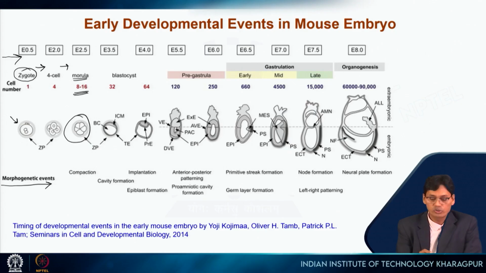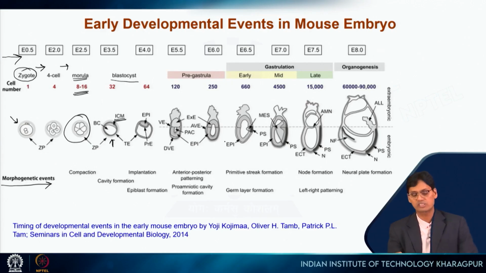Now, if we go further towards the developmental side, then you will find the blastocyst. From this point you can see some inner cell mass, that ICM, inner cell mass, getting generated, and then slowly a lot of stuff will be established.